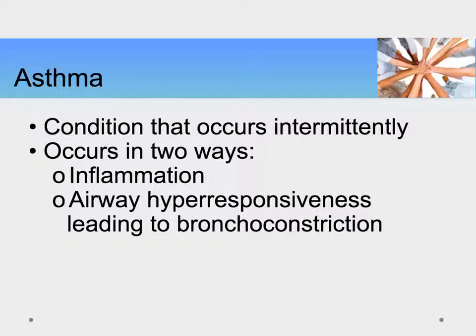Allergens and environmental factors are known to be triggers for an asthma attack. It could be molds, pollens, dust, animals, cosmetics, tobacco smoke, some foods, medications, and sometimes aspirin or beta blockers. Those are types of medications that can be a trigger for an asthma attack.